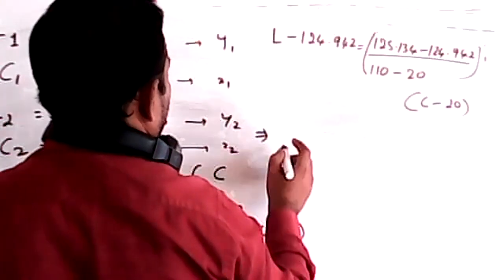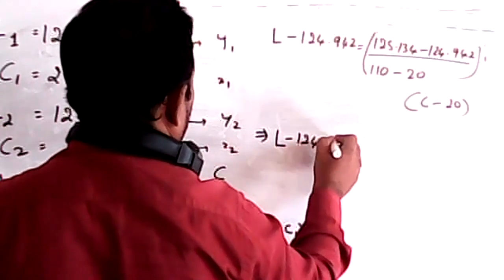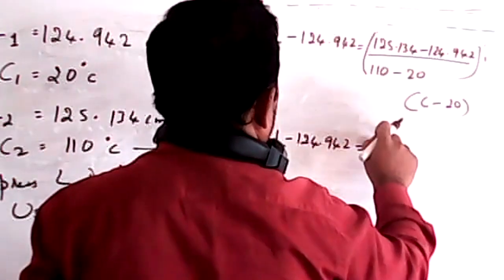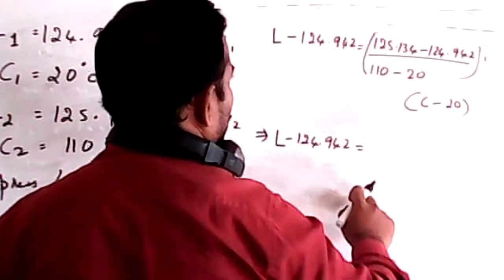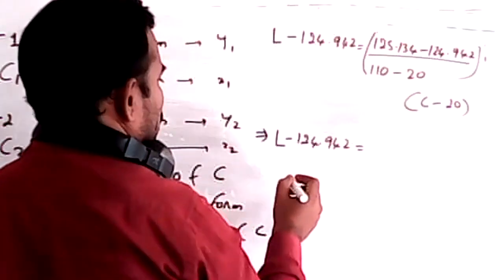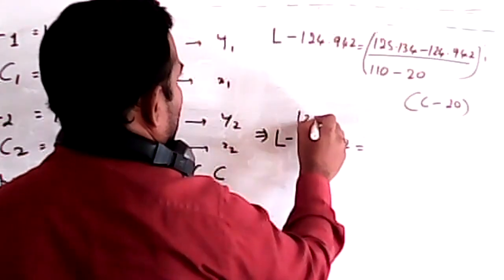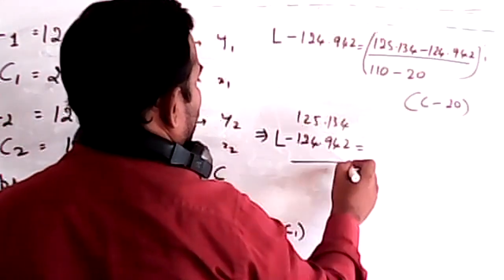Okay, I'll take L minus 124.942 as it is. In 125.134, you have to subtract 124.942. See what is remaining now. Just subtract: 125.134 minus 124.942. What remains now?